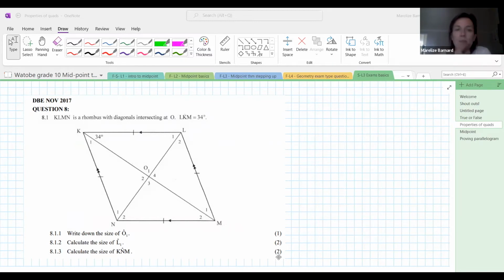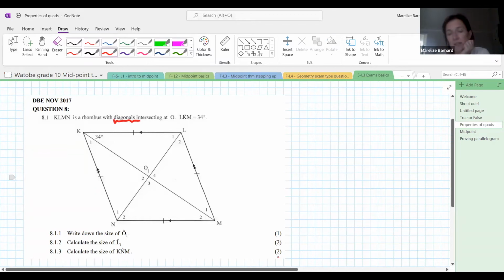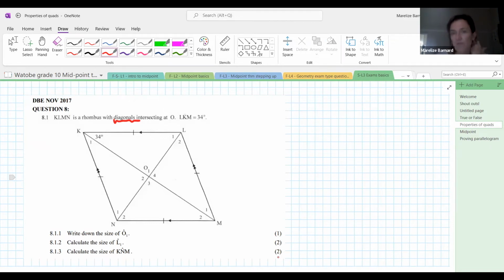What can we say about the diagonals of a rhombus? The question's mentioning diagonals, so it's going to feature. What do we know about the diagonals of a rhombus? Put it in the chat or raise your hand and unmute yourself. The class is small, so we can definitely have conversations.